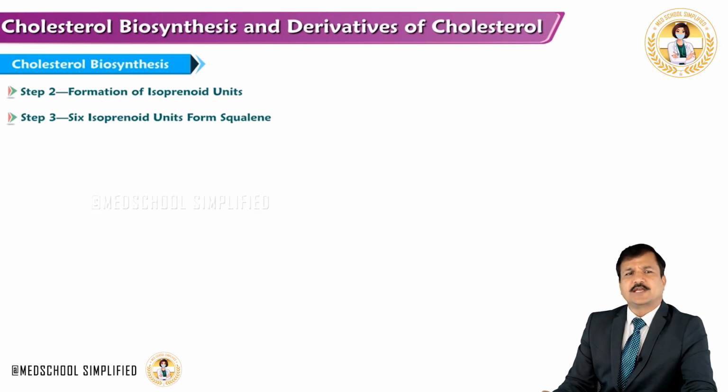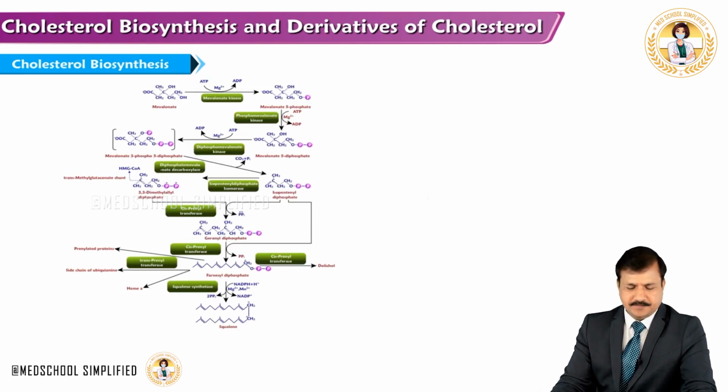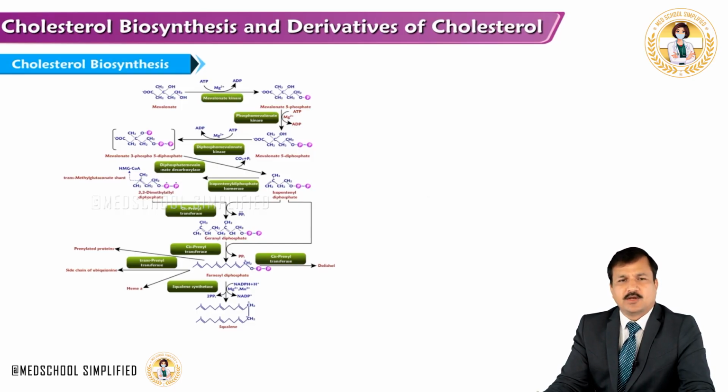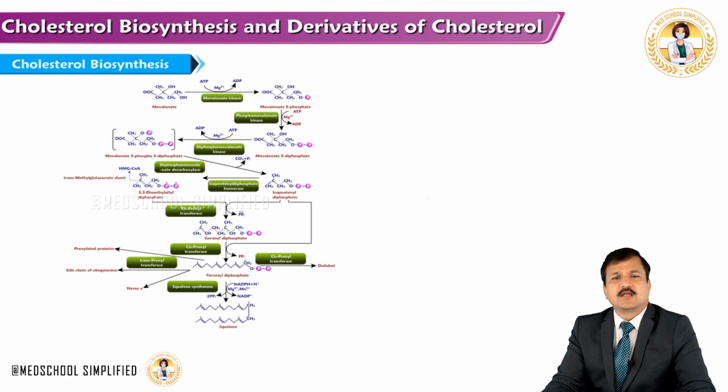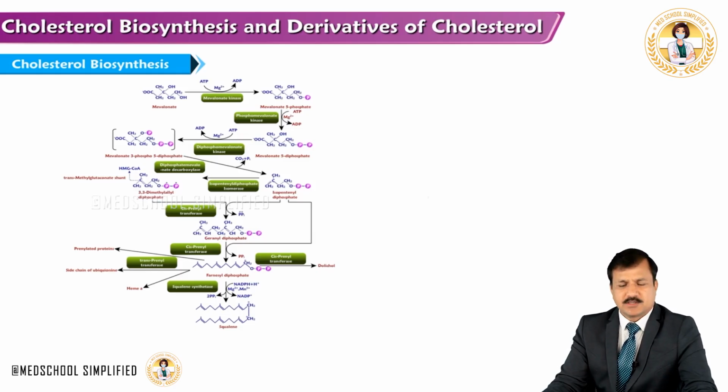Now let's move on to see the formation of isoprenoid units and also how these isoprenoid units will form squalene. So these 2 steps we will look at together. As you see here in the figure, mevalonate, which is a 6-carbon molecule, will undergo a series of phosphorylation processes. In fact, there will be 3 phosphorylation processes going on.